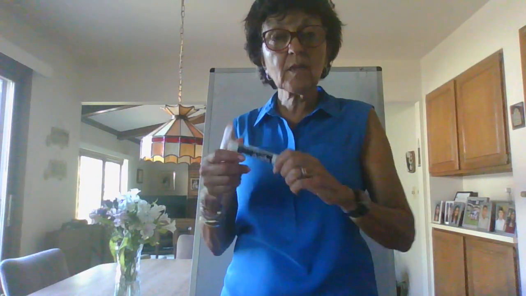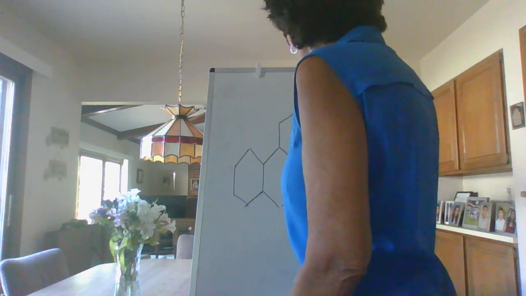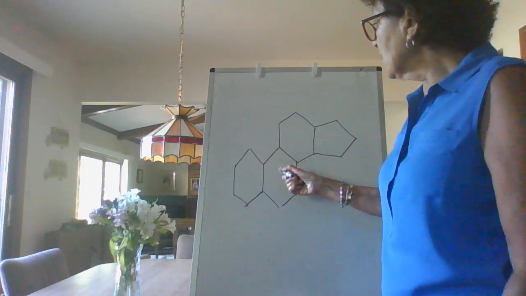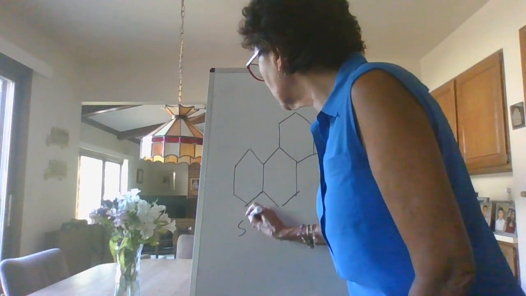And now let's do the last category of lipids, and they are the steroids or sterols. Now, the only thing you need to recognize is that any molecule that has this structure over here, this is called the steroid nucleus. It has 3 hexagons and 1 pentagon.